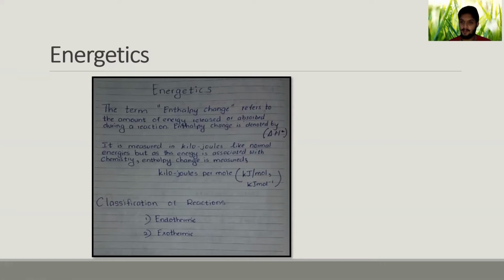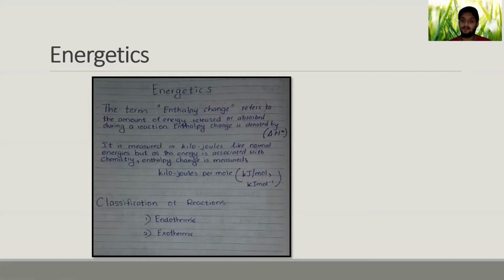We use the symbol delta, and H represents enthalpy. So this is called change in enthalpy, or in easy words, enthalpy change, and we refer to it as delta H. No matter what wording we give it, enthalpy change or energy change, both are the same.